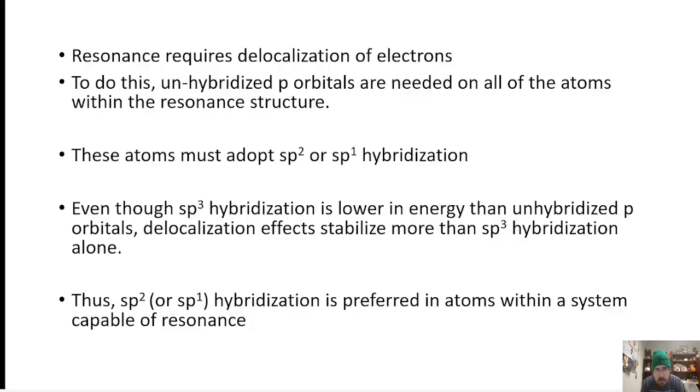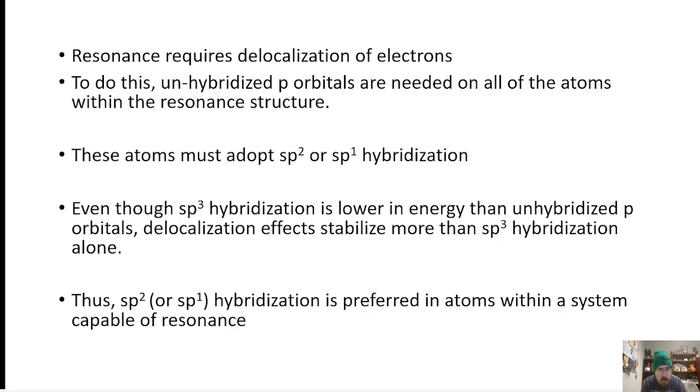When we make sigma bonds, typically these s and p orbitals hybridize into these asymmetric lobed shapes, the sp, sp2, sp3 hybridization, which uses up the s and the p and combines them to make single bonds.